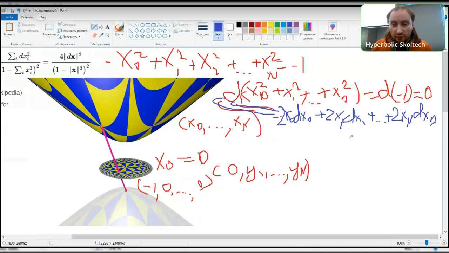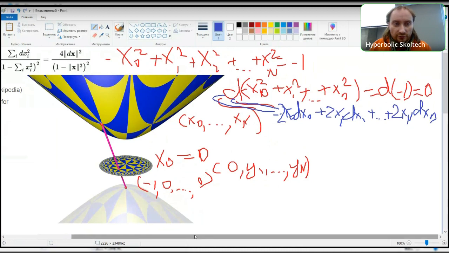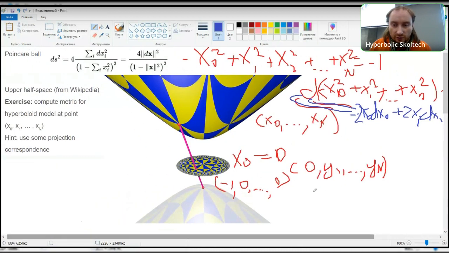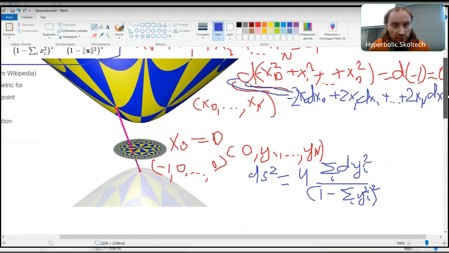So we have a relation between the dxi's. And here we have such a metric on this model: ds squared equals 4 times the sum over i of dyi squared, divided by 1 minus the sum over i of yi squared, all squared. Here is the metric.